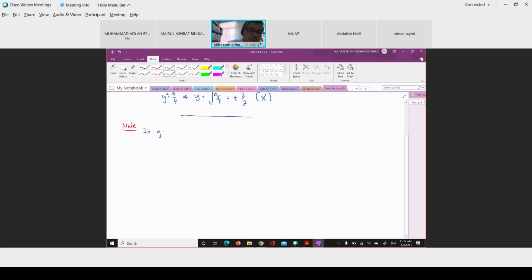In general, the vector function, say f of t equal to (x naught plus at) times i, plus (y naught plus bt) times j, plus (z naught plus ct) times the vector k, always represents a line in space.